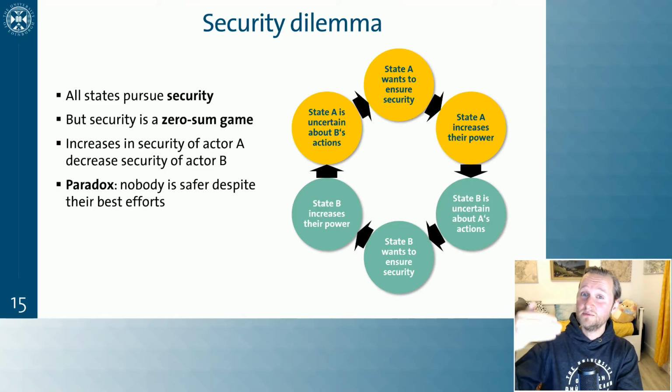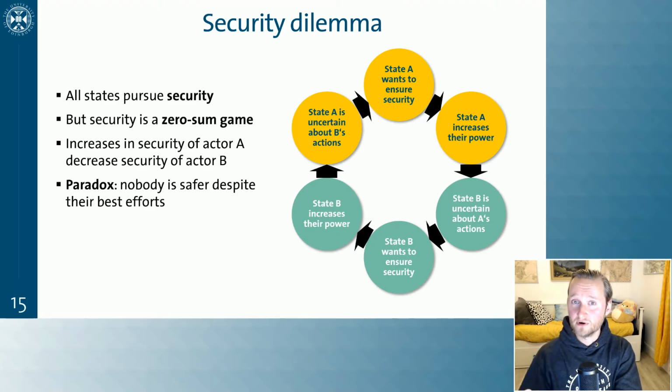Everyone is trying to be safer and more secure, but by increasing their power to do so, they're decreasing others' security, who then have to increase their security through the pursuit of power and thereby decrease the first state's. So that's the paradox. You want to be safer, but whatever you're doing, you're making someone else unsafe who's doing the same thing from the other side.